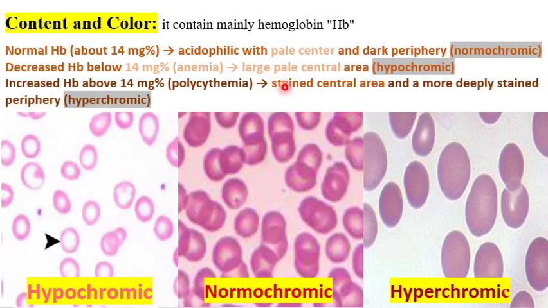In case of low hemoglobin content, which means anemia, it will be acidophilic with a large pale central area and dark periphery, which is called the hypochromic cell. In case of polycythemia or increase in hemoglobin content above the normal, the cell will be acidophilic and the pale central area will be stained, with a more deeply stained peripheral area. This is called the hyperchromic cell.